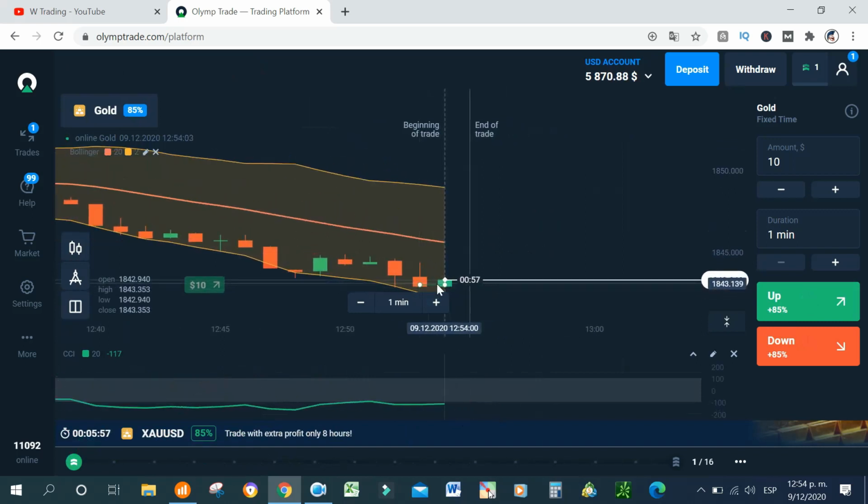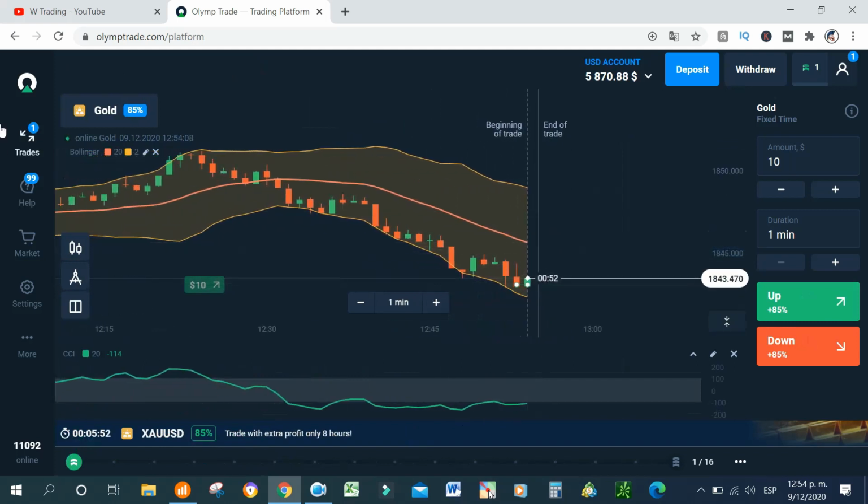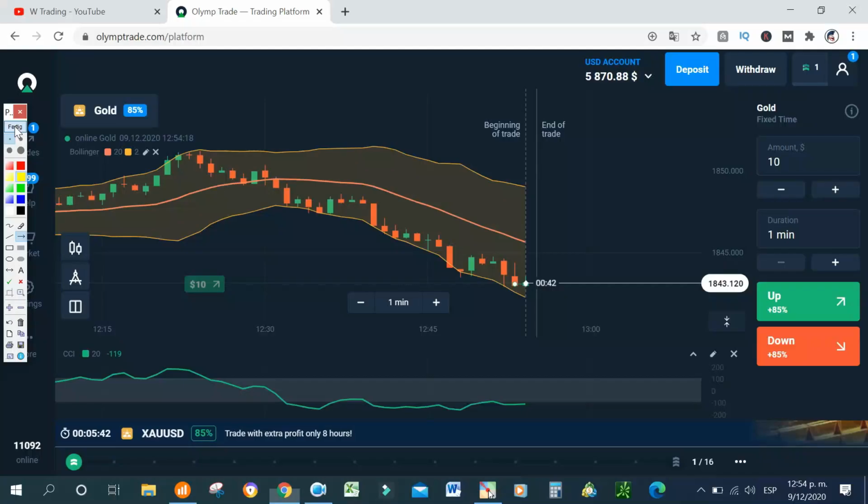As you can see, I made the entry just at the close of this candlestick. But this candlestick already, let me open up this tool. This is a tool that I use to draw on the screen. This tool is called Point Office. I will leave it in the description of the video too.